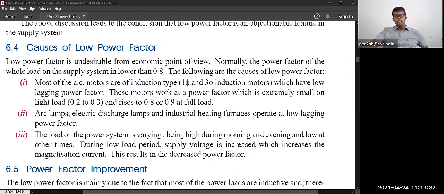Somebody might be taking single phase supply, and they may be running small scale industries with more motors, with more grinders. Sometimes in the home itself, they may go for 10 grinders, some other grinding machines.